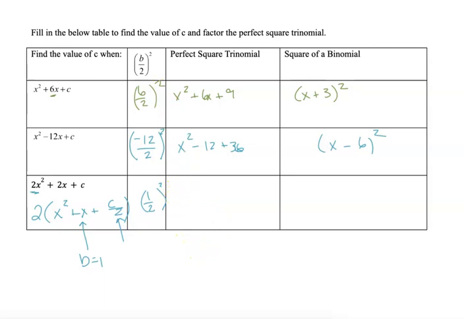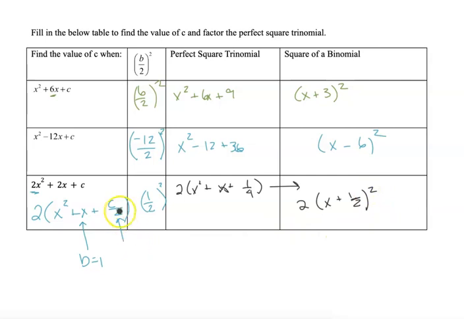So if I have, let me change color to make this clearer, if I have 2 times x squared plus x plus, and what I need here is 1/4, I will be able to rewrite this as 2 times x plus 1/2 all squared.